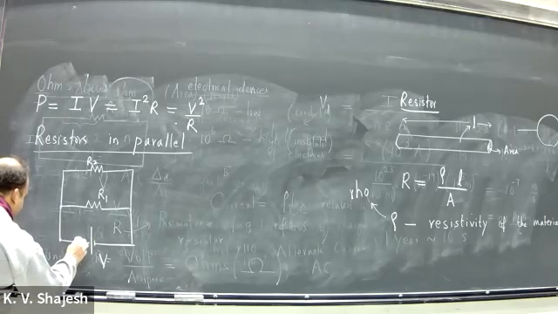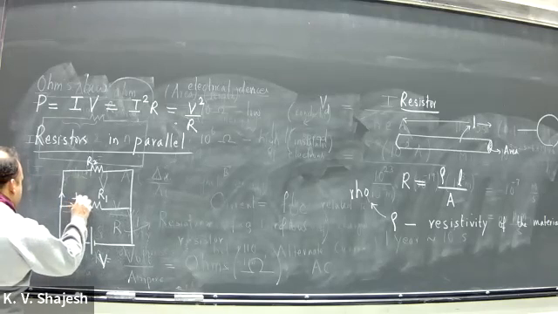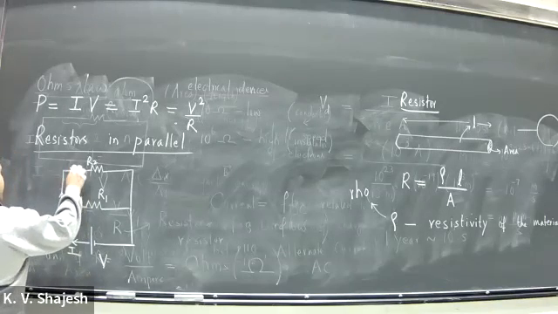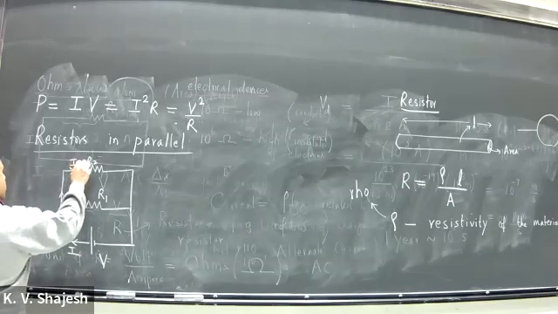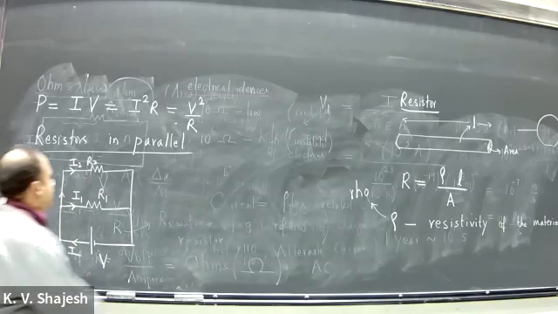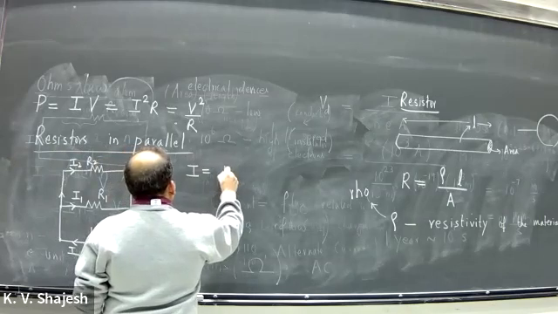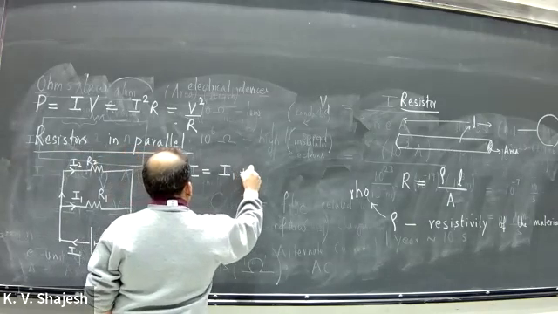There is a current I that comes out of this, but now it gets split. Some of it goes through R2 and some of it goes through R1. So that's I1 and that's I2. But what is true is that this flow is bifurcating from a point. So the current distributes: I is equal to I1 plus I2.